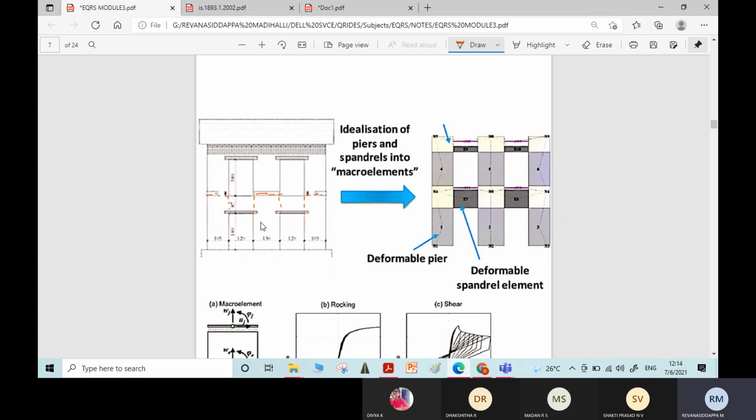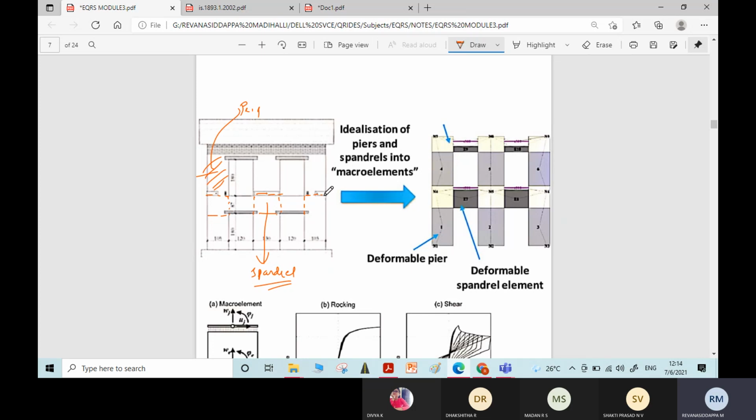If I draw a dotted line here and divide like this, this portion is assumed as a pier, and this portion is assumed as the deep beam or spandrel element.